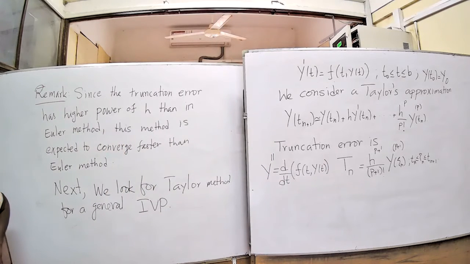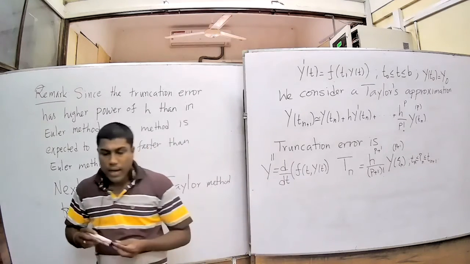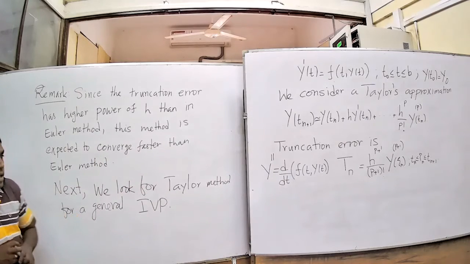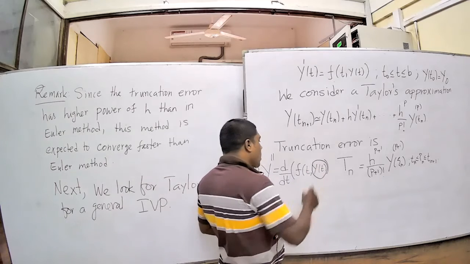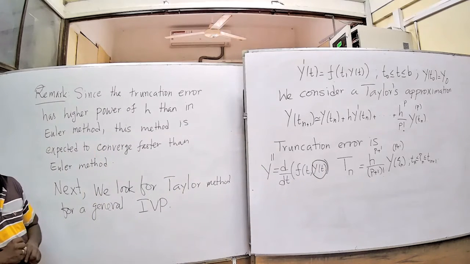Now you can see that this is a two variable function, and more importantly, this y is also a function of t. So you actually have to go for the total derivative here.